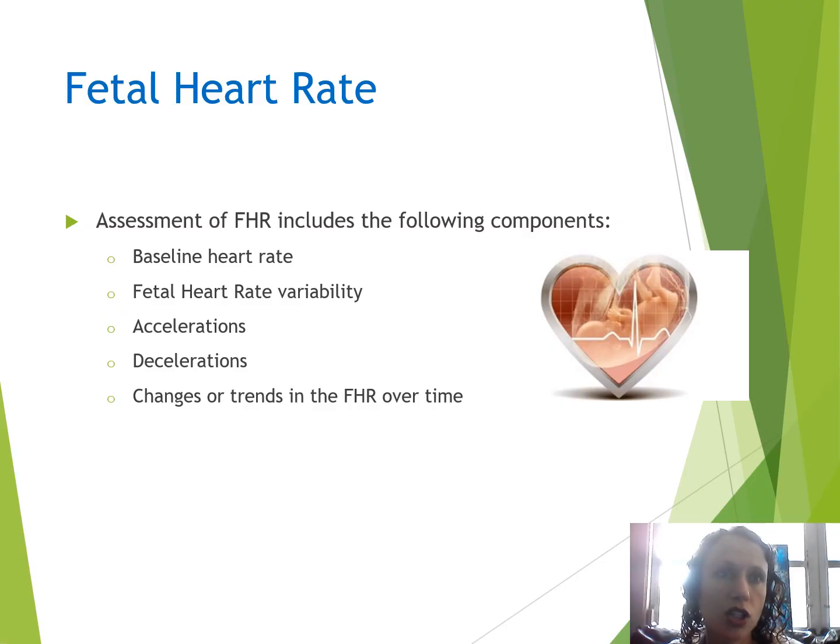Accelerations indicate fetal movement. They are positive, they are good, so we want to see accelerations. Fourth, decelerations. Do we see any drops in the baby's heart rate? Decelerations generally are considered bad, with the exception of one. And then what are the changes over time? Ultimately, what does our whole strip look like?